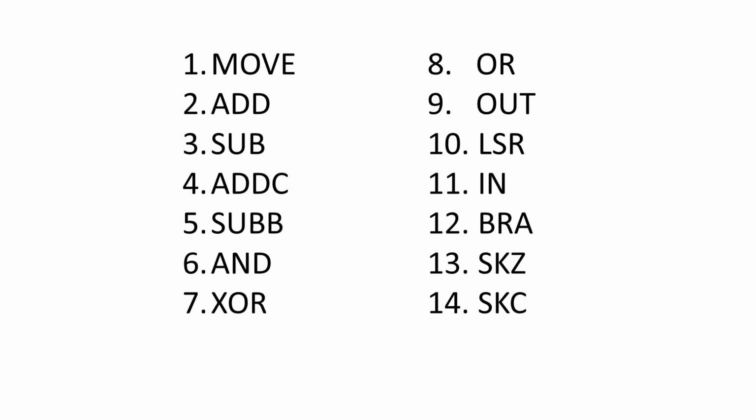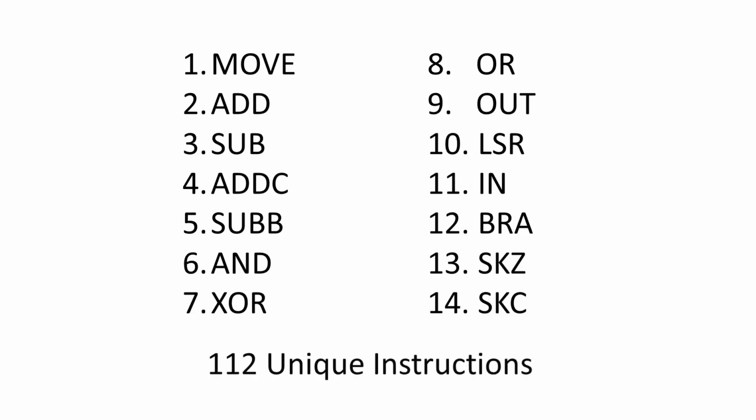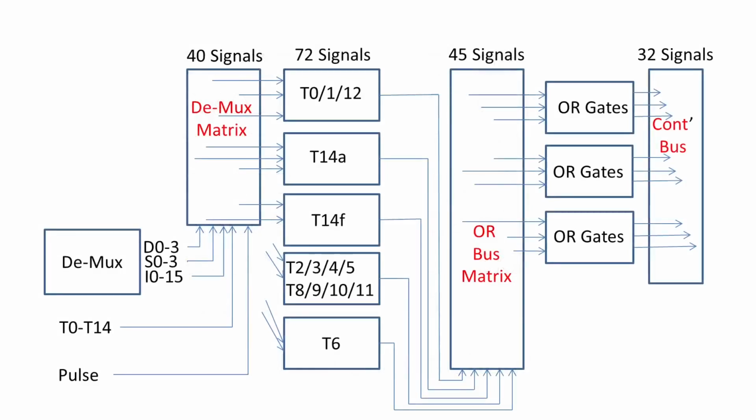Then there's skip if the 0 flag is set, and that skips 2 bytes and allows you to do a test on the 0 flag and branch off whichever way it is, whether it's on or off. Then you've got skip if carry, which is the same thing but with the carry flag. That gives us 112 unique instructions if you take into consideration all the addressing modes. We went over this in the overview video in part 8.